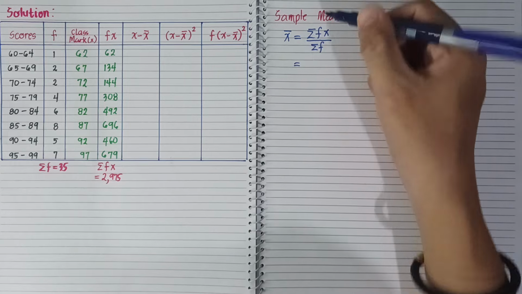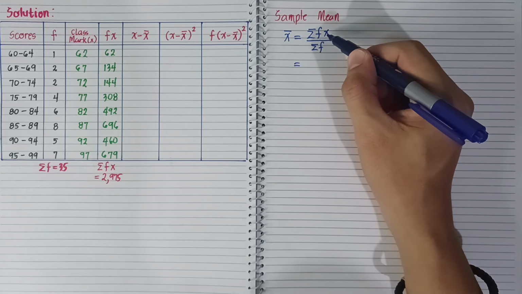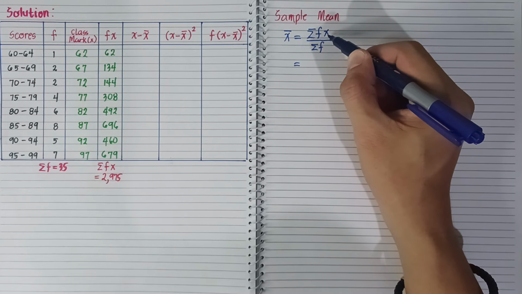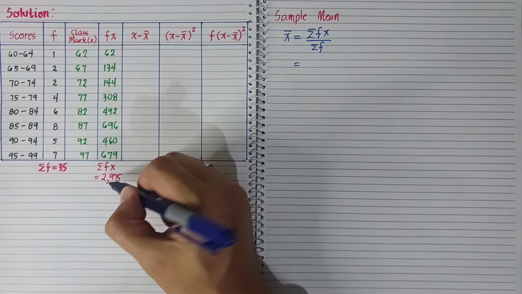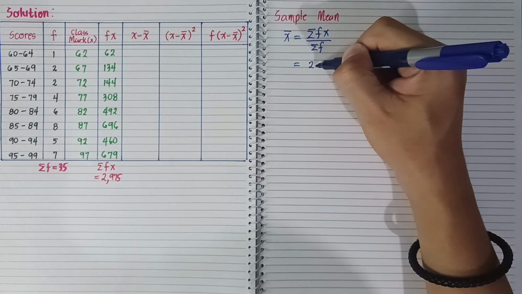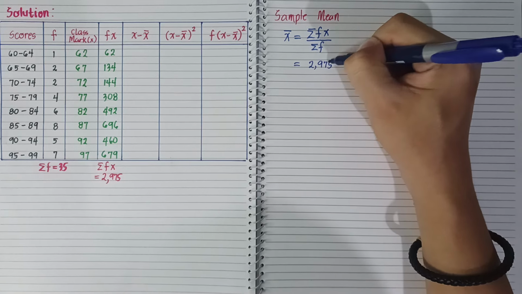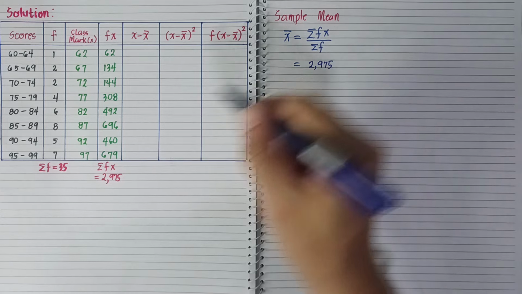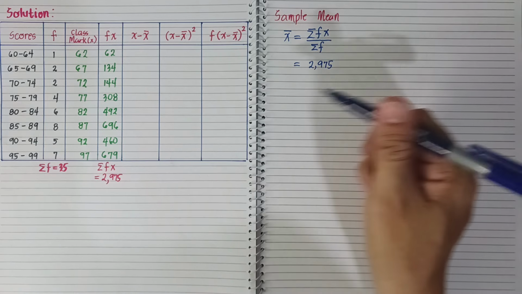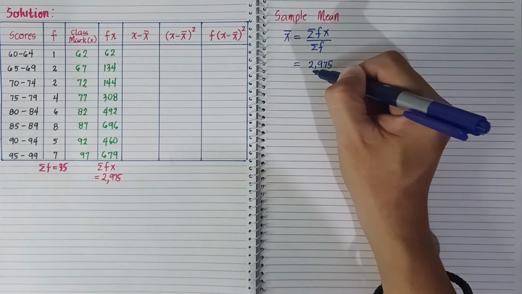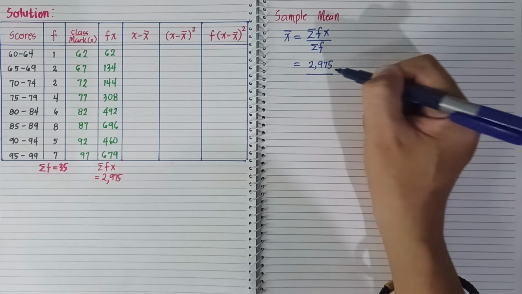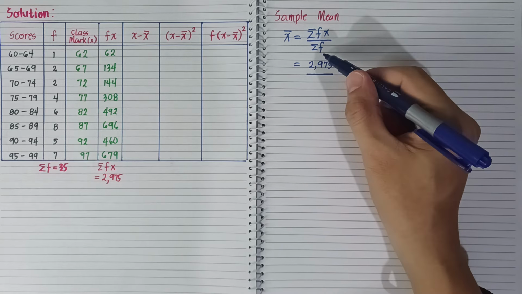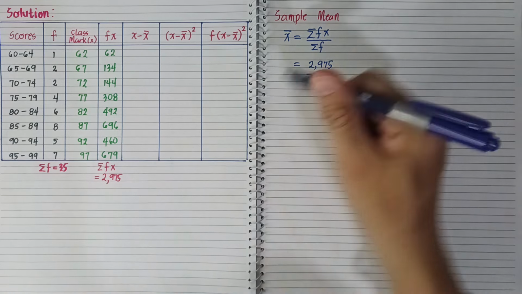Let's plug in the summation of fx, which is 2,975. Mas maganda naka-table siya, organized. Summation of f is 35.